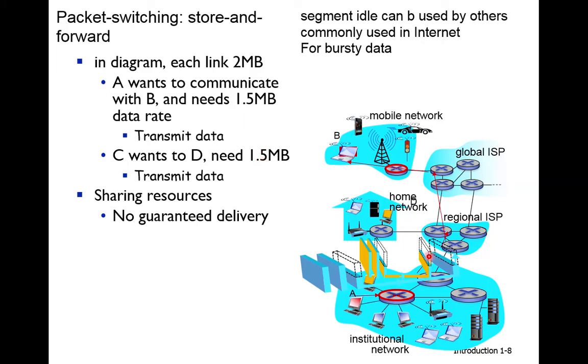So it means that 3 MB of data is arriving, but the link is 2 MB. So 2 MB of data can be transmitted, and 1 MB of data has to be stored. When two packets are received, the first packet will be transmitted and the second packet has to wait.